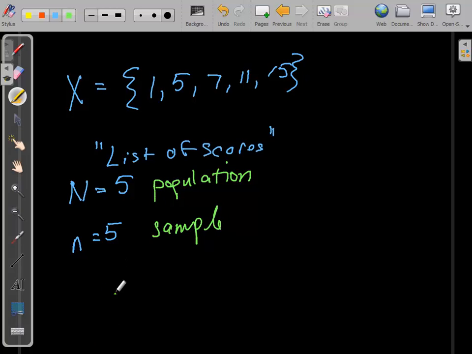Alright, so often we want to look at a particular feature of a list of scores. Often we want to look at the sum of the scores.